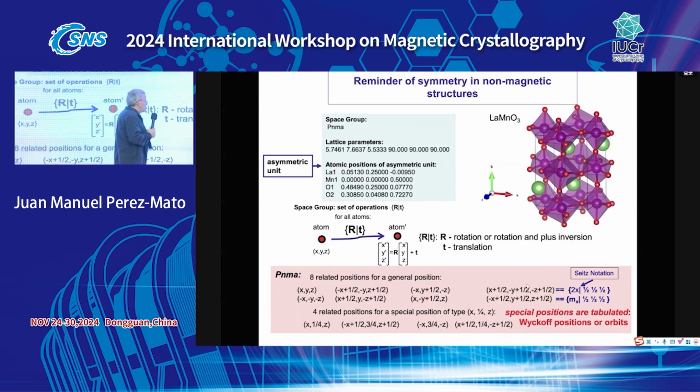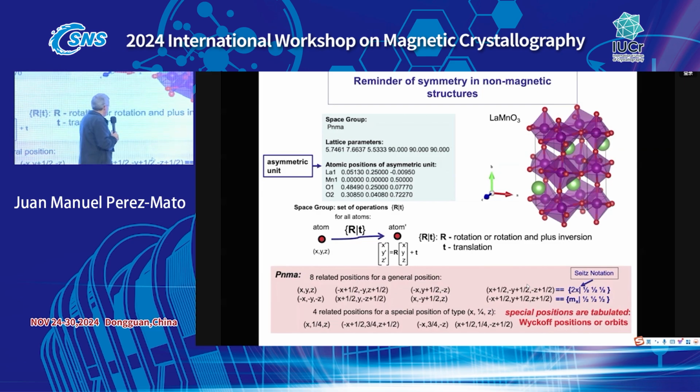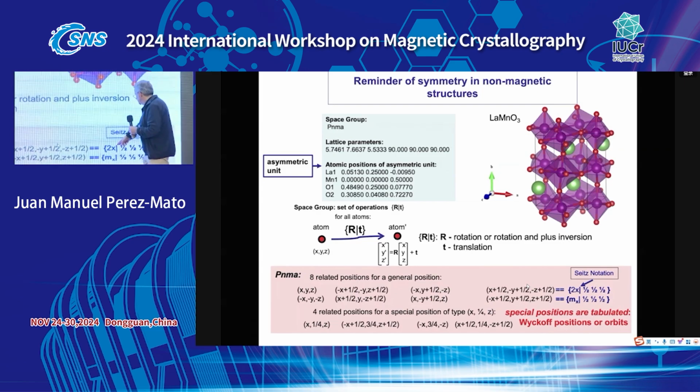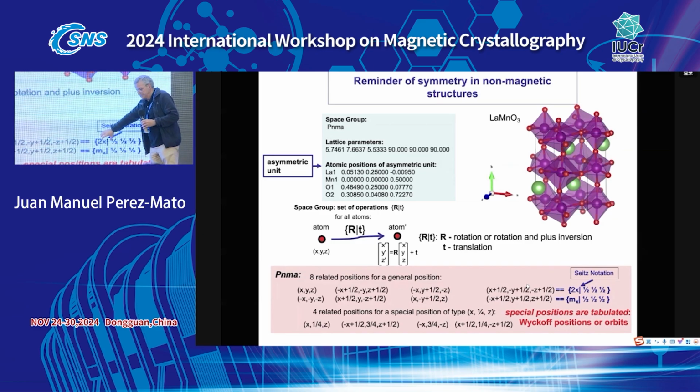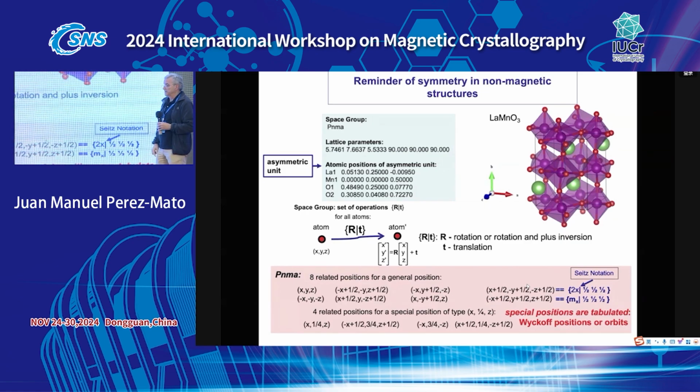In what we call Seitz notation, instead of writing the operation in this way, we do it by indicating the rotation. Saying, for instance, 2x means a binary rotation along one axis in the direction x, and then this translation 1/2, 1/2, 1/2.